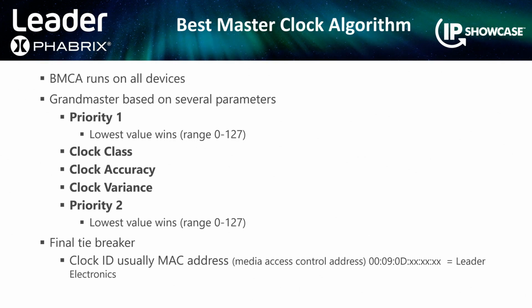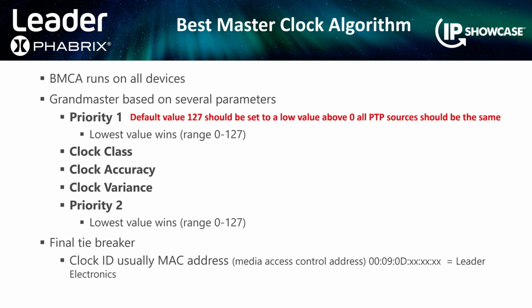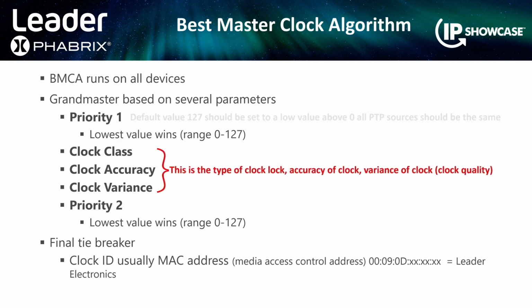There are a number of parameters that allow you to design a PTP network so that you can control the failover, so that you will go through the devices that you expect. And we have tools such as Priority 1, which you can manually set. We then have tools like the clock class, clock accuracy, and clock variance.